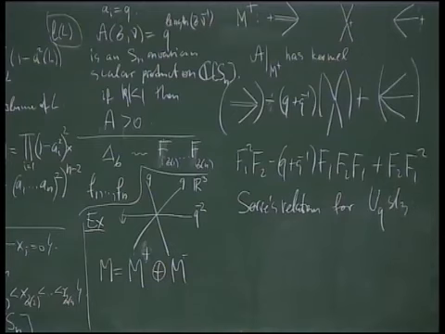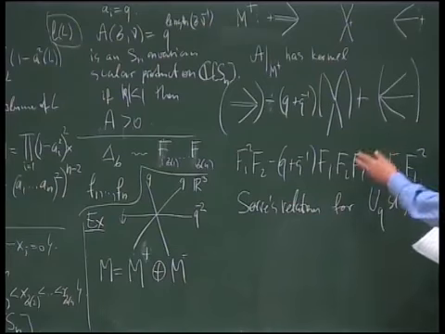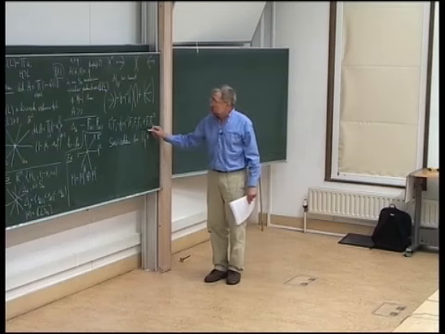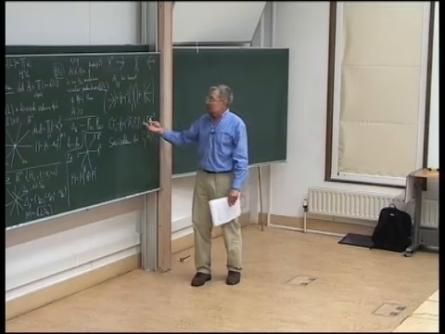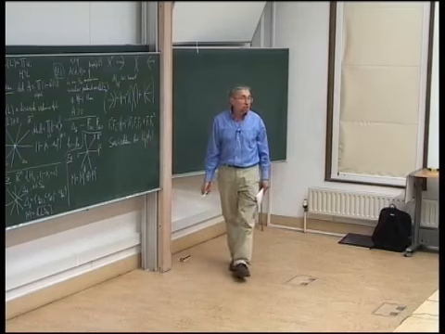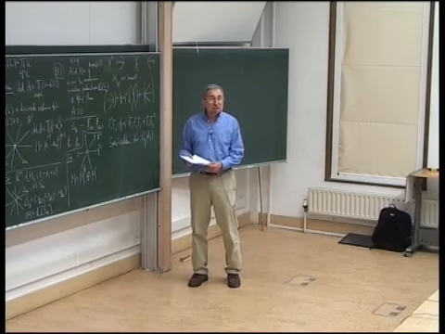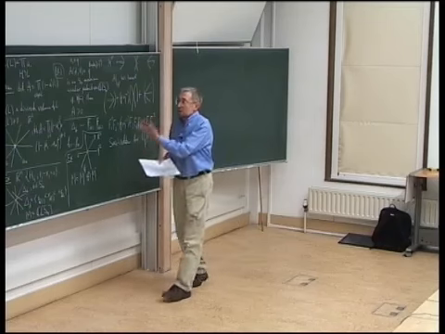In SL3, you have generators F1, F2, E1, E2, and you impose in this quantum group relations like this. This element is supposed to be 0 in the quantum group, and this is not like a numerological correspondence.